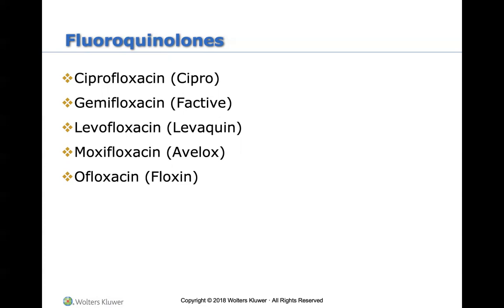Otherwise, we're going to disrupt the other parts of the pharmacokinetic process. So we're going to mess up the distribution and the metabolism of the drug as well. So we don't want to crush or have our patient chew or break any extended release medication. That's just generally speaking. But like I said, many fluoroquinolones, especially like Levaquin and Cipro, come in extended release form. So we want to be aware of that.